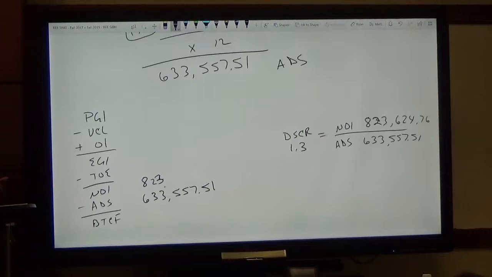How do we come up with the 1.3 again? The lender gives us that. The lender says the minimum debt service coverage ratio is going to be 1.3. Okay.